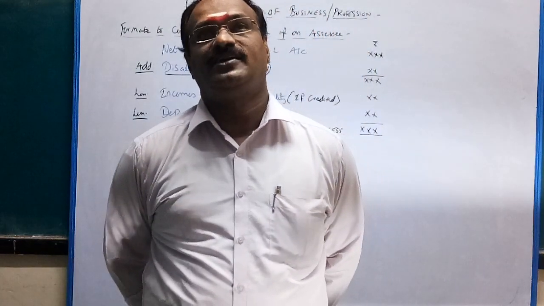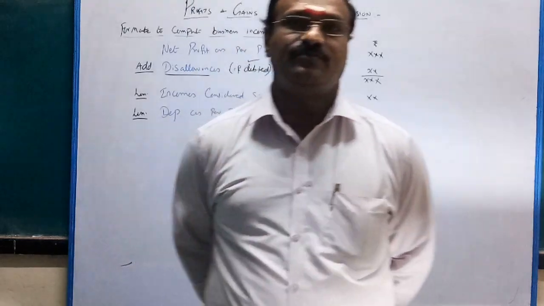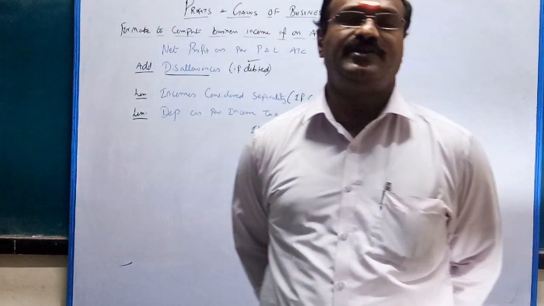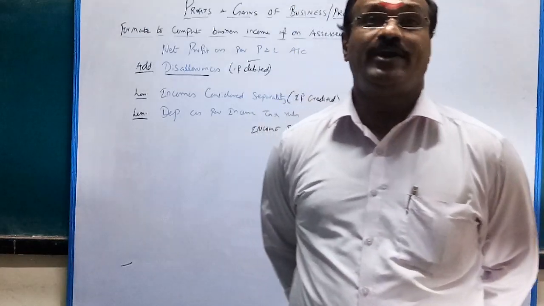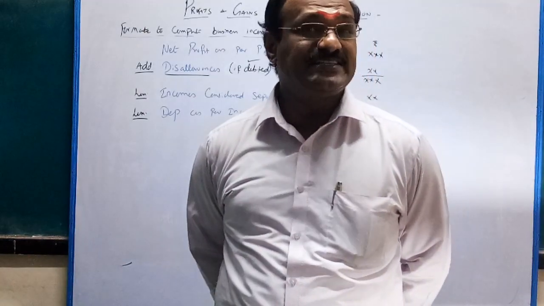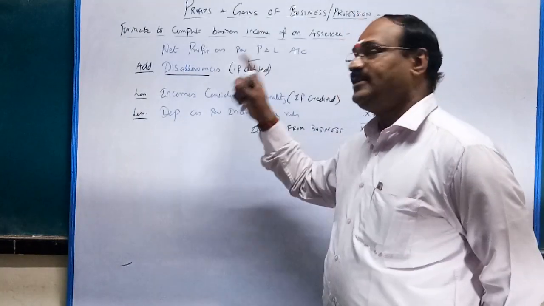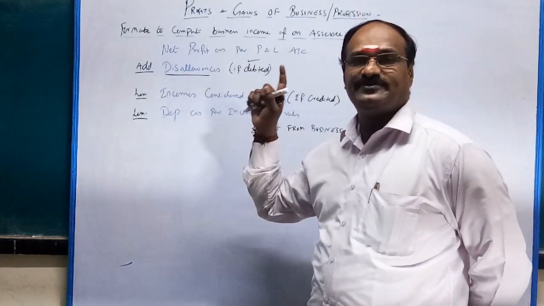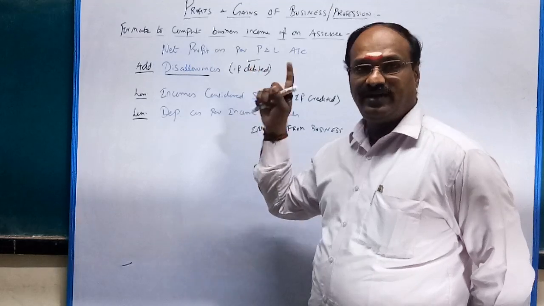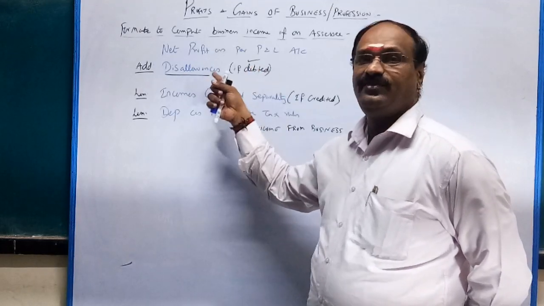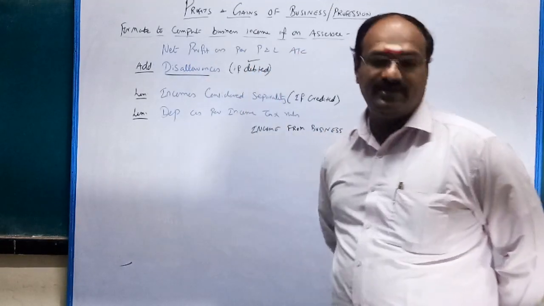So if the company incurs expenses relating to corporate social responsibility, that expenditure you cannot claim as deduction. Repeat, you cannot claim that expenditure as deduction. If any corporate social responsibility expenditure is debited in P&L, then it is disallowed.